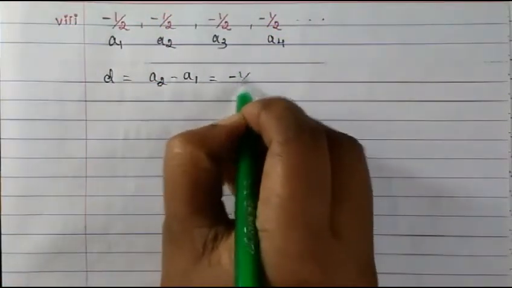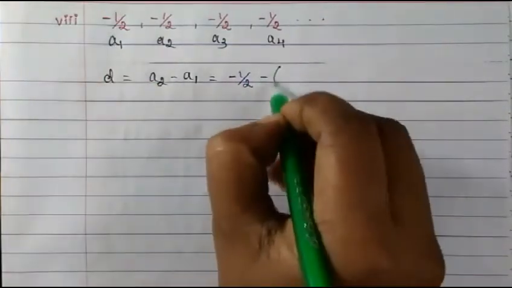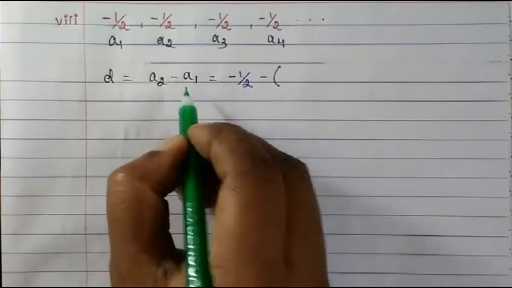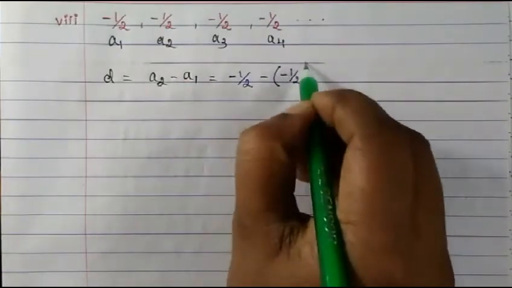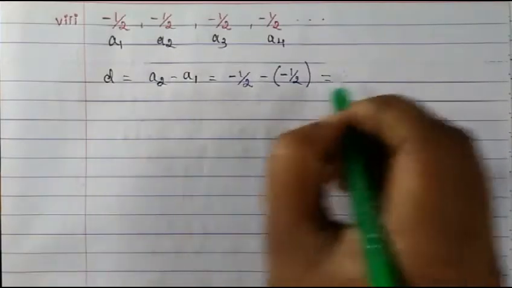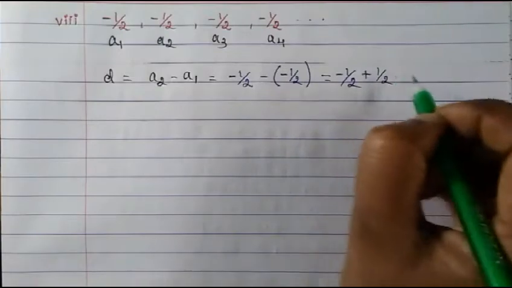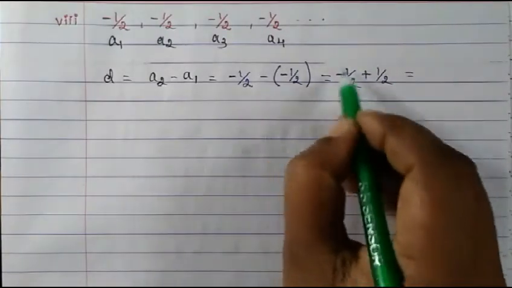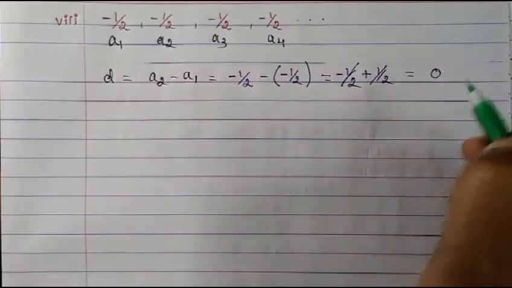A2 is minus 1 upon 2, then minus A1. As I told you, always write this term inside the bracket. A1 is 1 upon 2, which will give us minus 1 upon 2, minus into minus plus 1 upon 2. Since this is minus and this is plus, it gets cancelled, we will get 0.